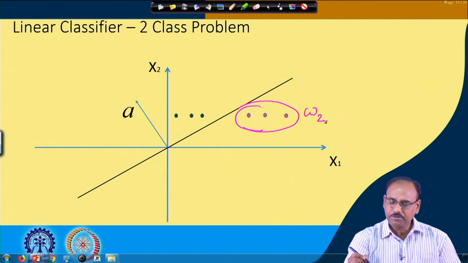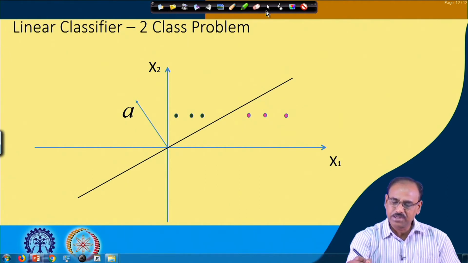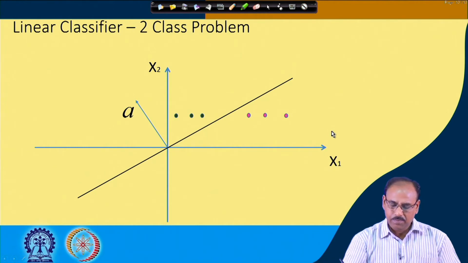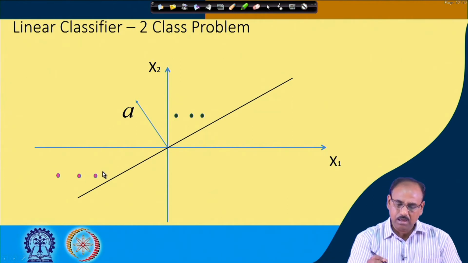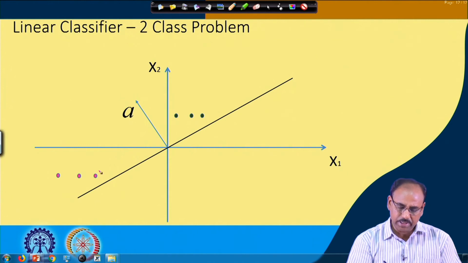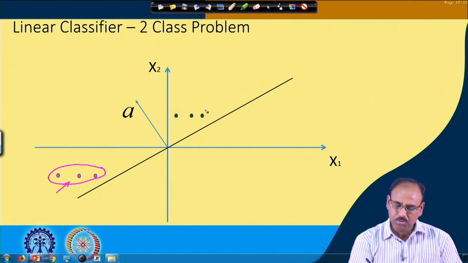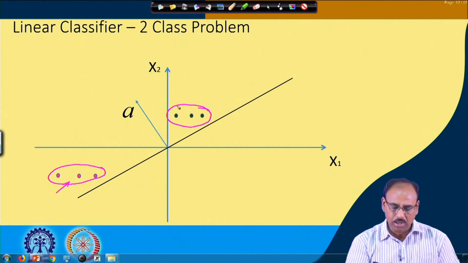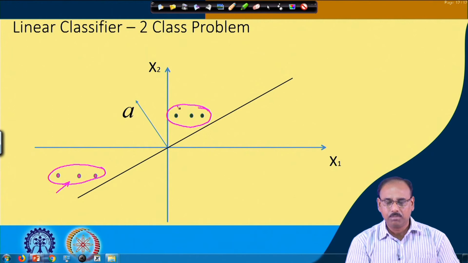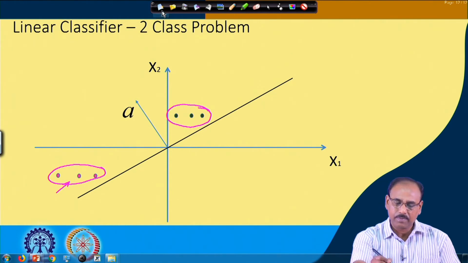Now, after negation, the negated feature vectors belonging to class omega 2 come over here, and after negation all the negated feature vectors belonging to class omega 2 and also the original feature vectors belonging to class omega 1 fall on the positive side of the separating plane.